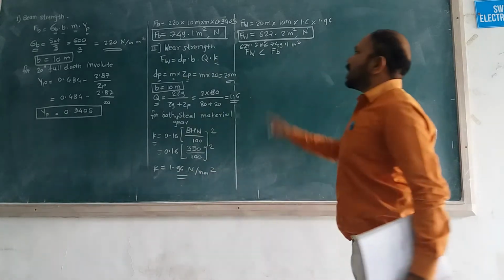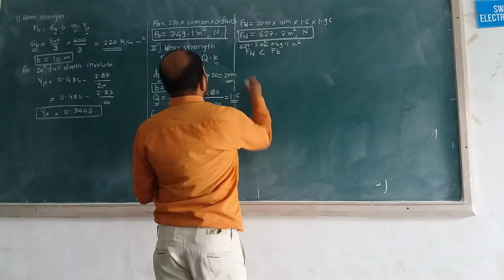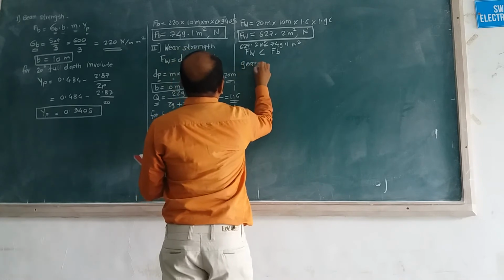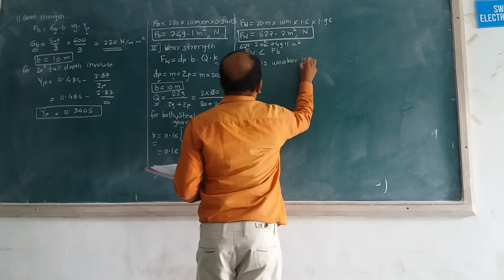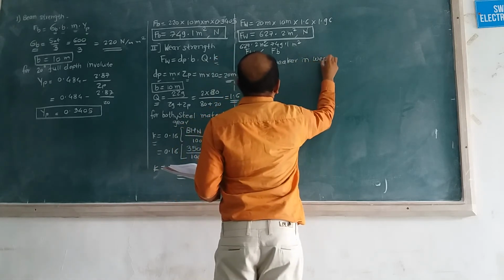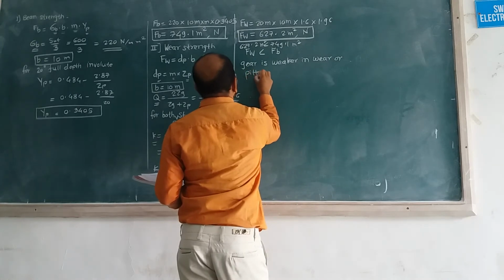So we say that Fw is less than Fb, and so the gear is weaker in wear, or it is called pitting failure.